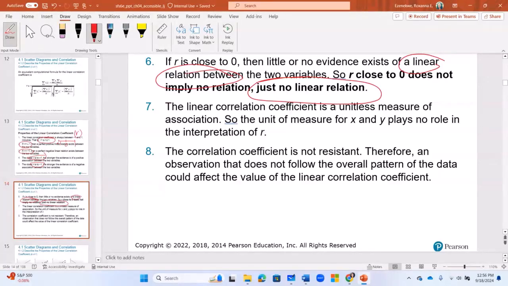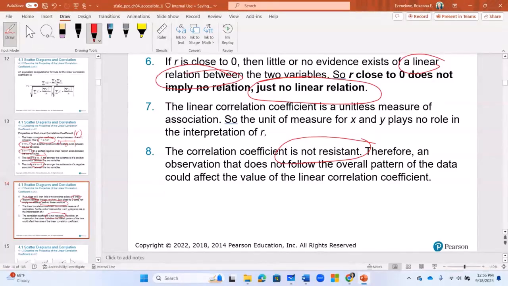Property number 8, the correlation coefficient is not resistant. Therefore, an observation that does not follow the overall pattern of the data could affect the value of the linear relationship.